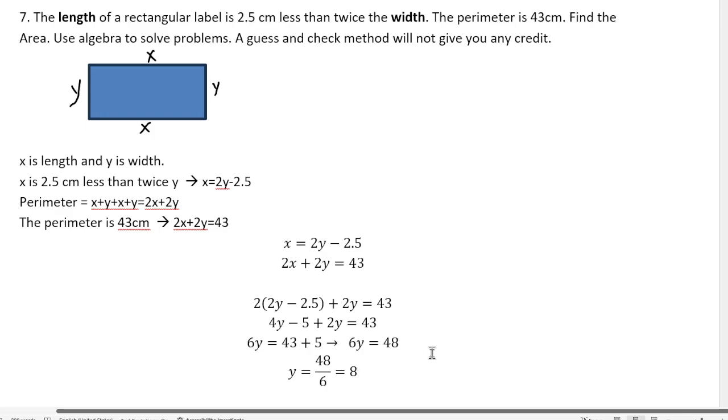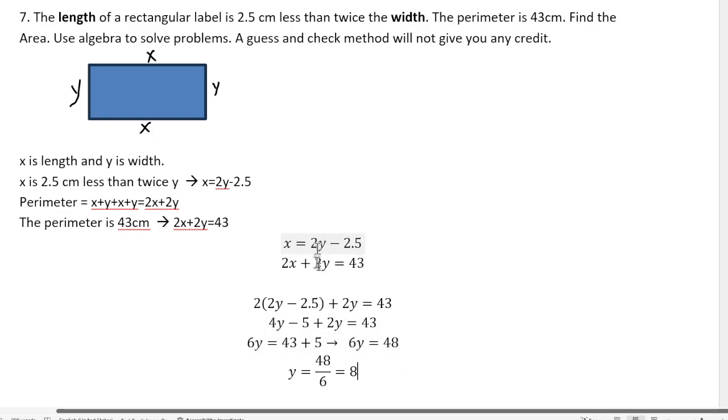So we found out that the width y is 8, and then length is 2.5 less than twice the width, right? Twice of 8 is 16. 16 minus 2.5 will be 13.5.